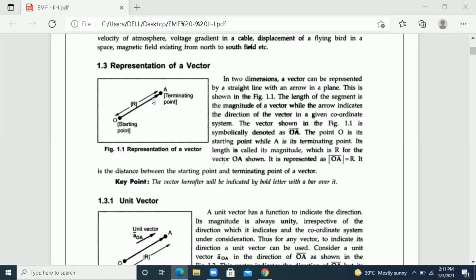Jordan Speed, taking his time over this one. This vector starting at O, ending at A, is denoted as OA, with a line over it indicating that it's a vector.